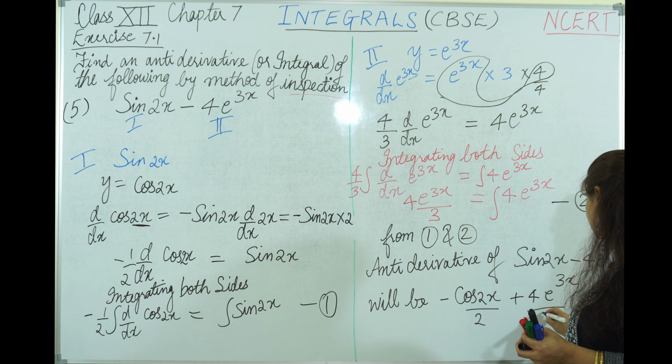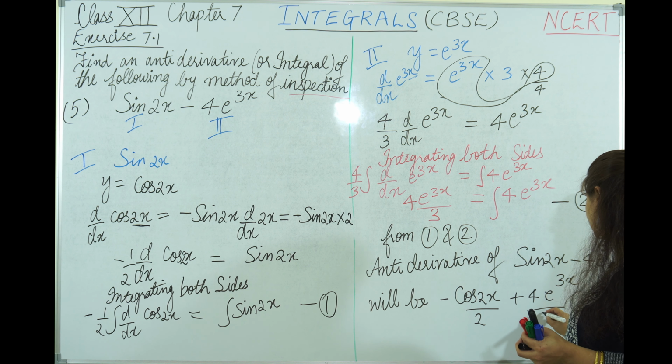So what we did basically: this was the whole expression given to us, and we divided it into two functions. We have a negative sign between them both. So the negative sign stays as it is between the two functions.